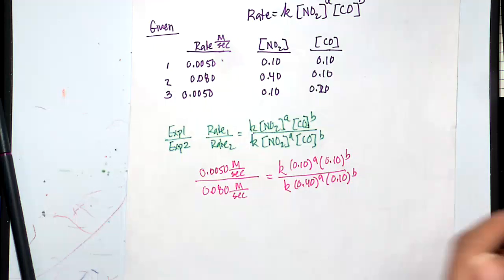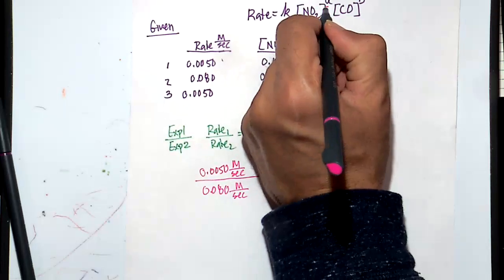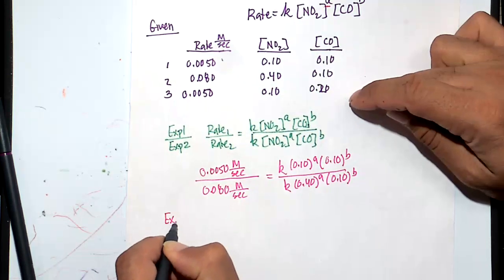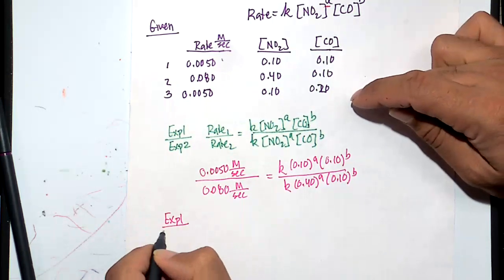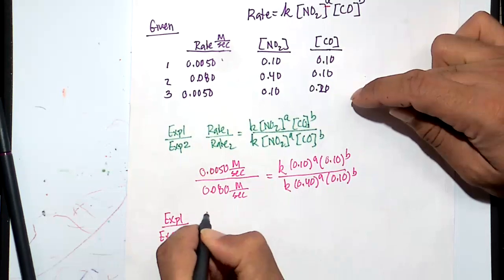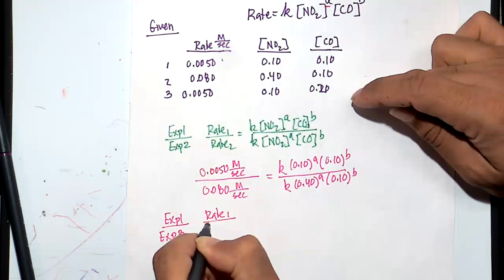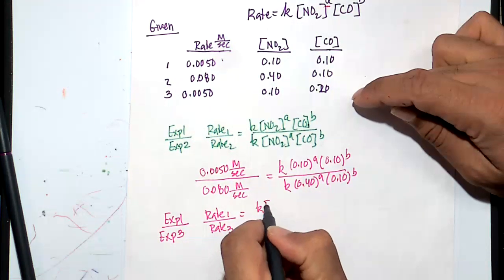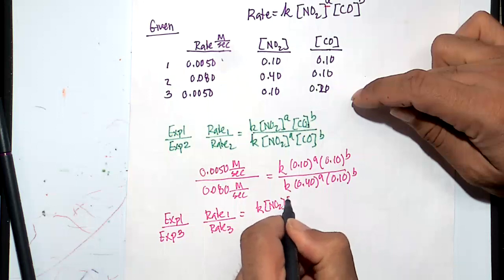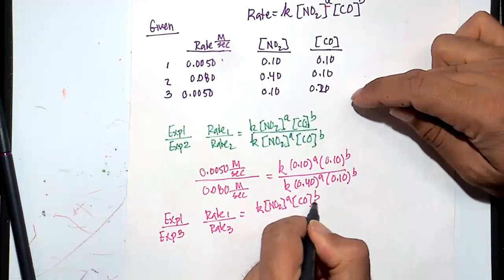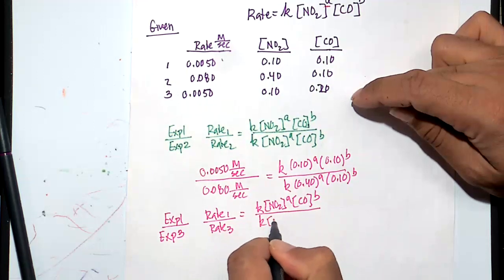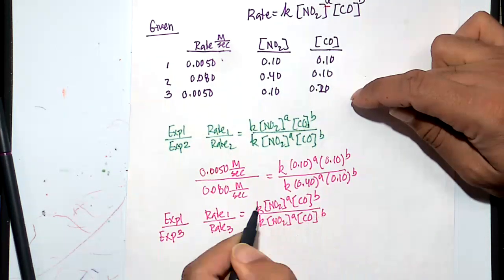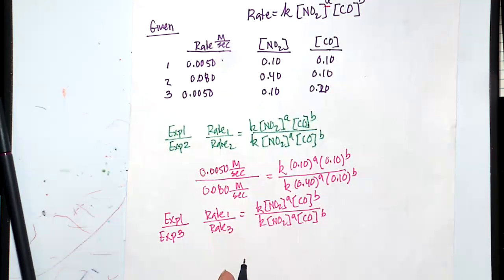And like that, we can go ahead and find the order A. Okay. How will we find the order B? Maybe we can compare experiment 1 with experiment 3. Rate 1, rate 3, and it's the same thing, okay? Plug in the numbers.